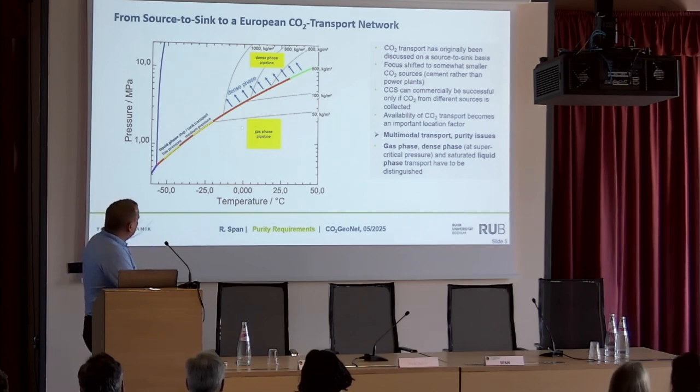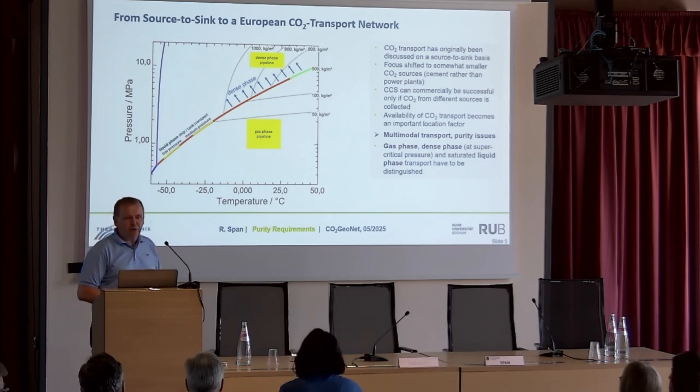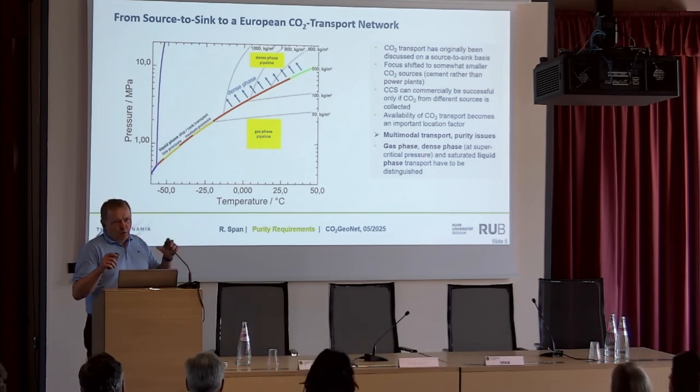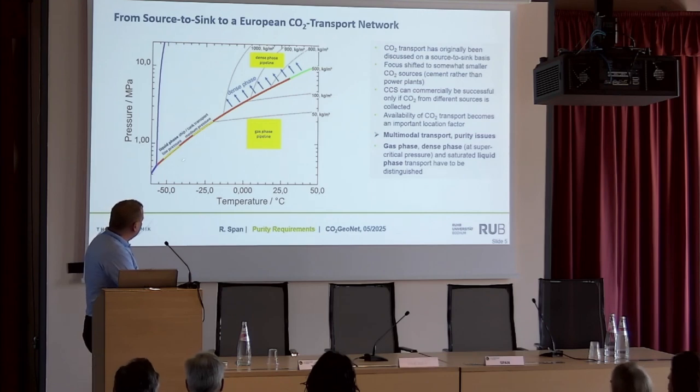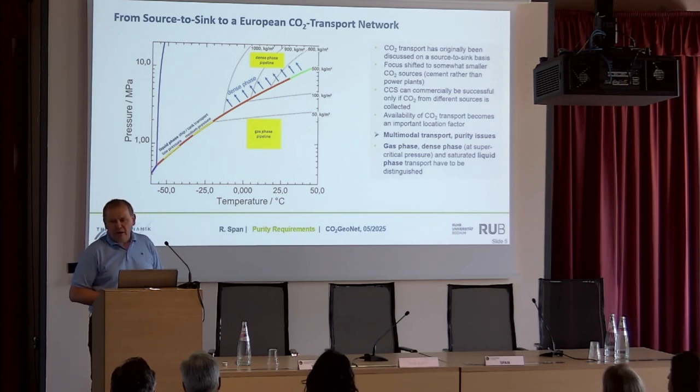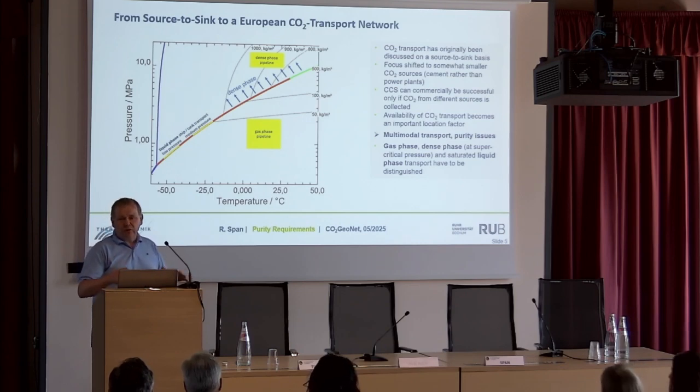We will have some gas phase pipelines, and we will have ship transport or tank transport on different pressure levels. What's relevant for you as the storage community is the dense phase pipeline transport and ship or tank transport, whereby the pressure level doesn't really matter at that point. So that's the two kinds of transport that will connect this CO2 network to storage sites.